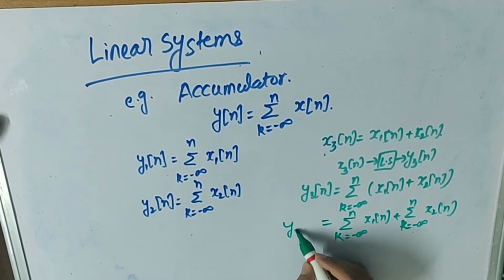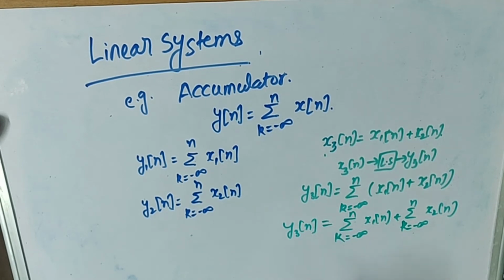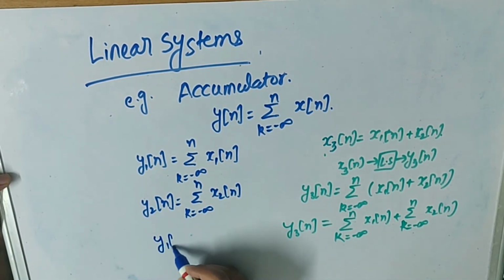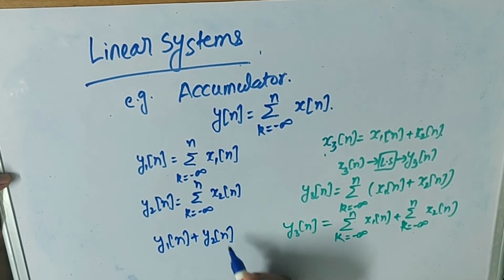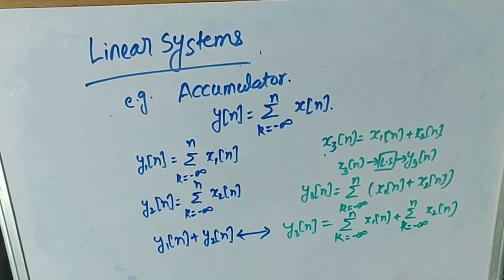This is y3[n]. So here we can see that y3[n] is actually equal to y1[n] plus y2[n]. They both are equal.